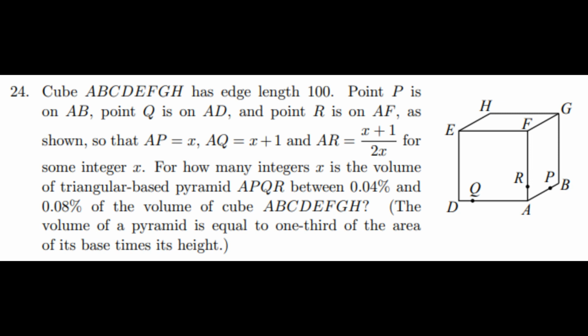Point P is on AB, point Q is on AD, and point R is on AF, as shown, so that AP equals X, AQ equals X plus 1, and AR equals (X plus 1) divided by 2X, for some integer X. For how many integers X is the volume of triangular-based pyramid APQR between 0.04% and 0.08% of the volume of cube ABCDEFGH? The volume of a pyramid is equal to 1/3 of the area of its base times its height.